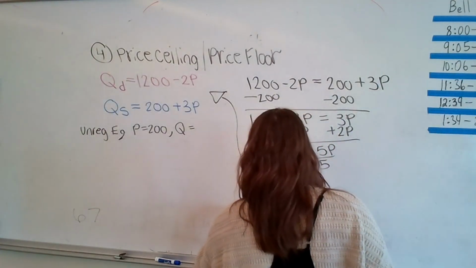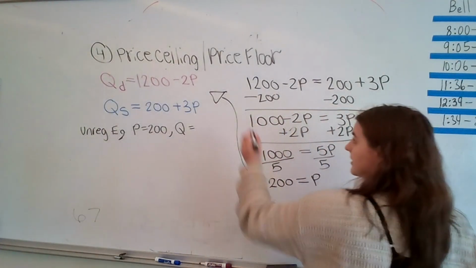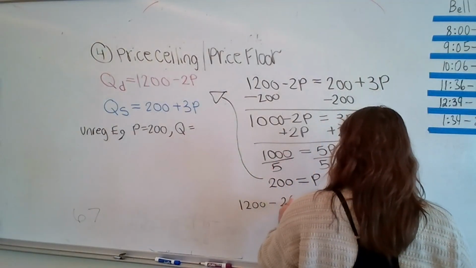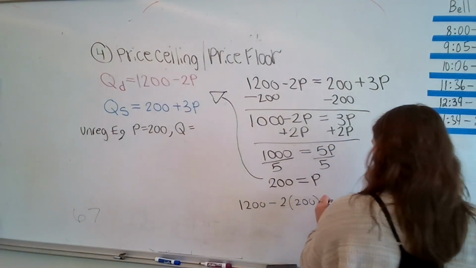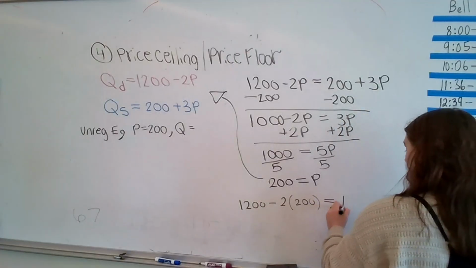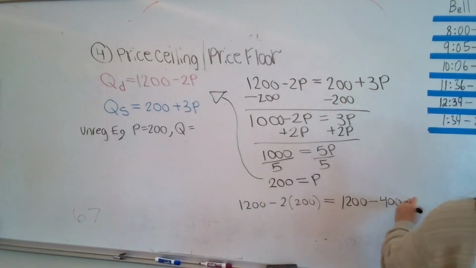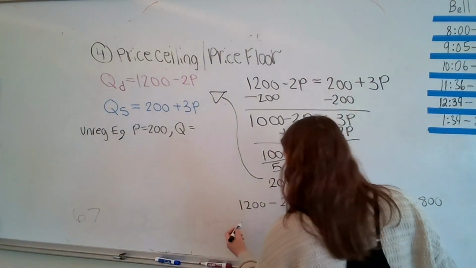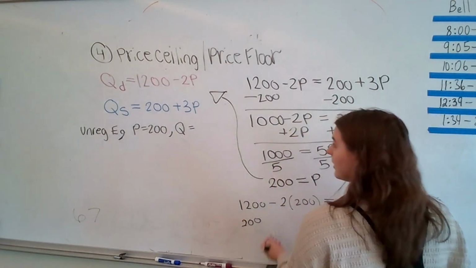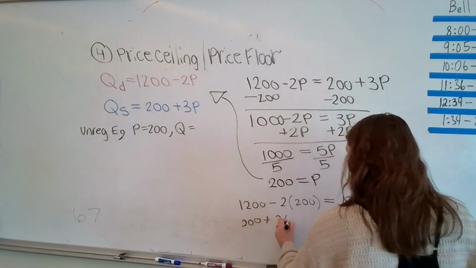We got 1,200 minus 2 times 200, or P. That's 1,200 minus 400, or 800. Then supply, 200 plus 3 times 200.